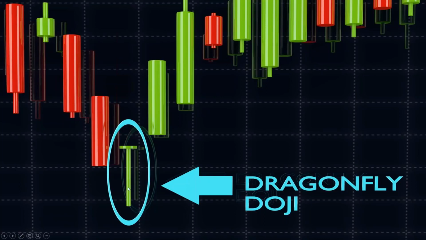Okay, this is a dragonfly doji and actually indicates that more than likely the next bar will be a bullish bar. The fact that this bullish bar also closed above the doji signals that you will probably have a 3 to 5 bar reversal off of the low, which was over here or down here.